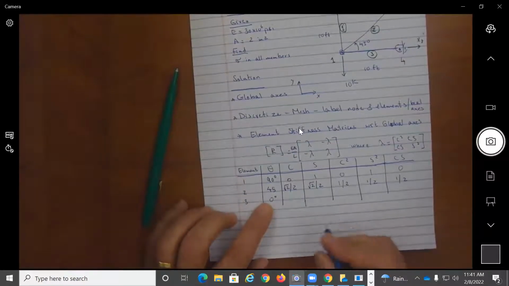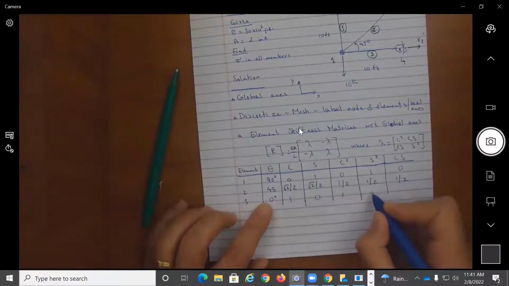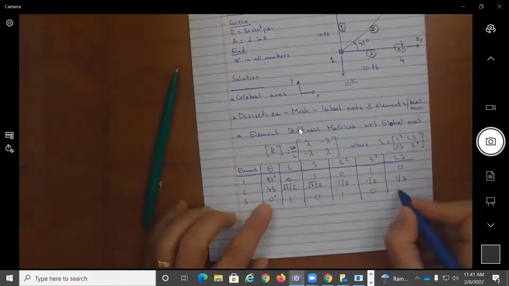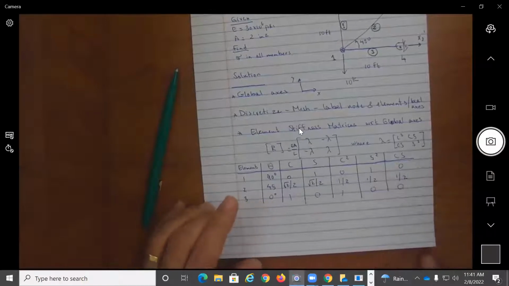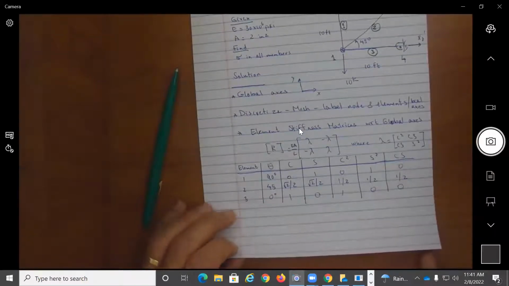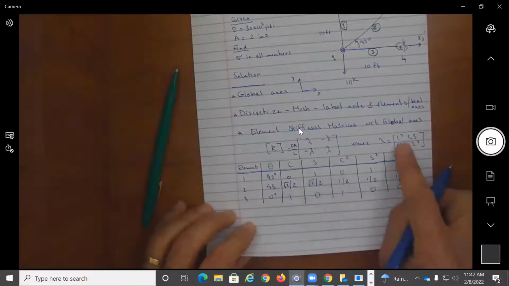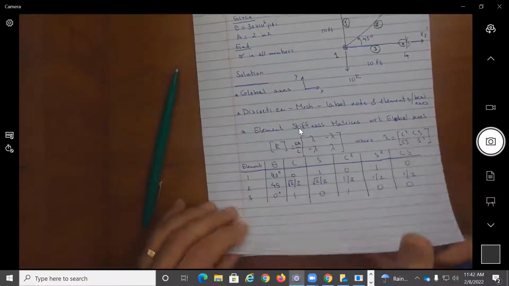For 0 degrees, the cosine would be 1, sine would be 0, cosine squared would be 1, sine squared is 0, cosine sine is 0. So now we are ready to use these and the lambdas to write the element stiffness matrices.